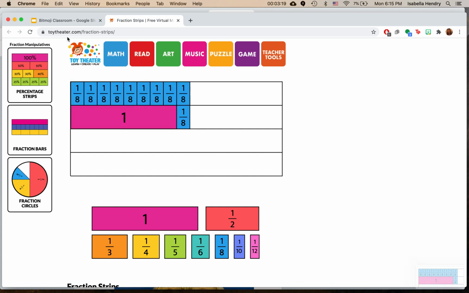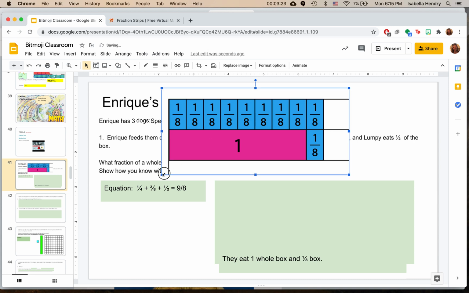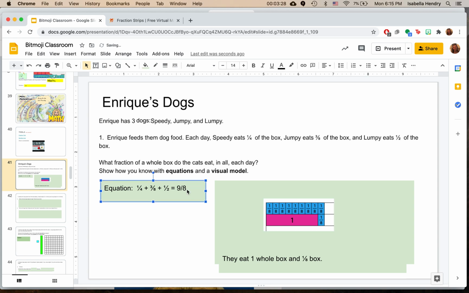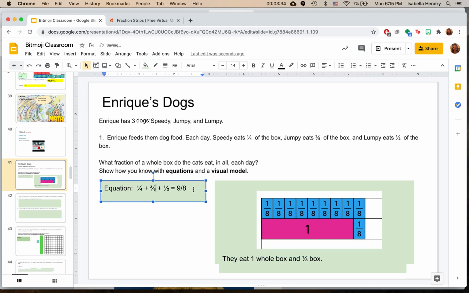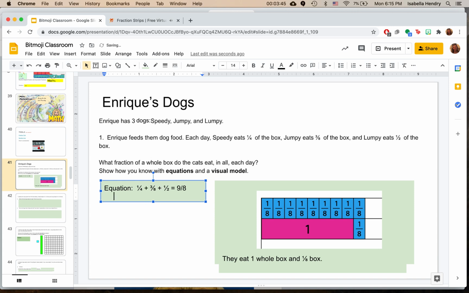And I'm going to take a photo of my work to show how I did that, and I'll put it right here. Now, if you wanted to, something else you could do to show your work even better is you could rewrite this equation using eighths. So instead of 1/4, we saw that 1/4 was 2/8.